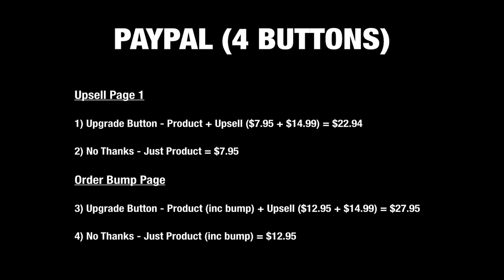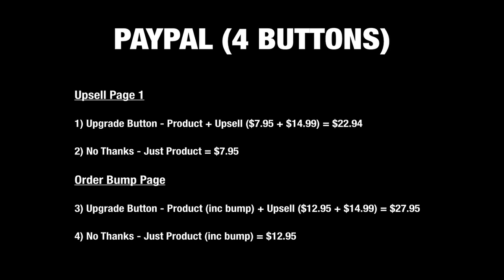So it's $12.95 plus $14.99, and you get a much higher price. And then if they say no thanks, you're just going for the front end product, including the bump, which is $12.95. So you've got 4 variations, 4 buttons that we need to create.